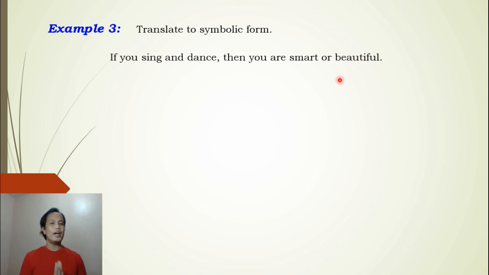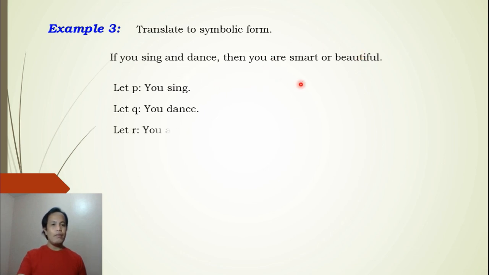We assign a variable to each of the simple statements. For example, we let P be you sing. This is our first simple statement. And we let Q be you dance. These two variables represent the antecedent, you sing and dance. Then for the consequent, we let R be you are smart, and we let S be you are beautiful.